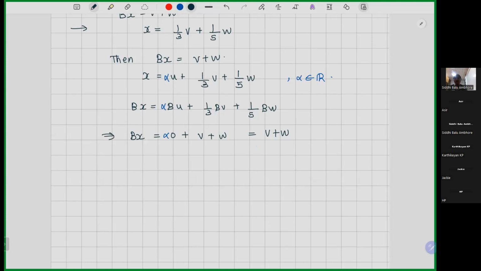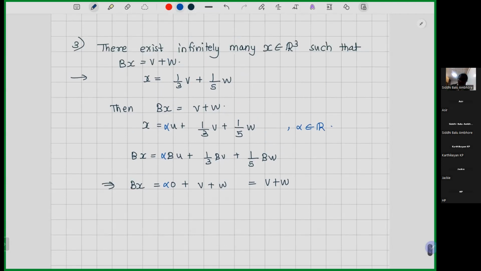So I can vary alpha and I will get infinitely many x's such that Bx is equal to V plus W. Any doubts here? This statement is true actually.